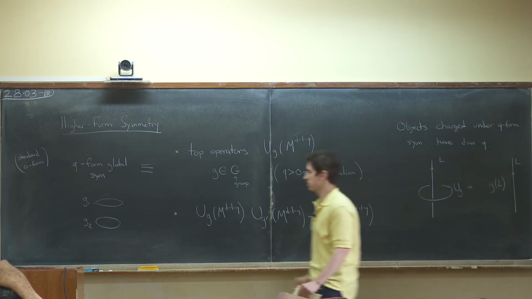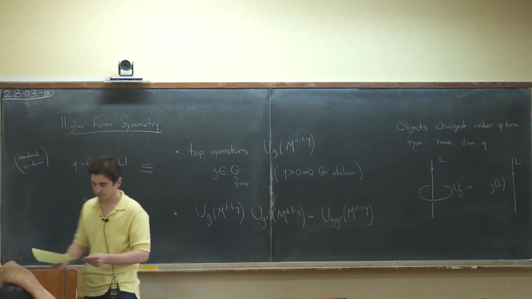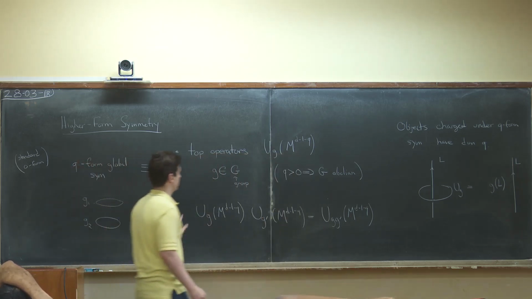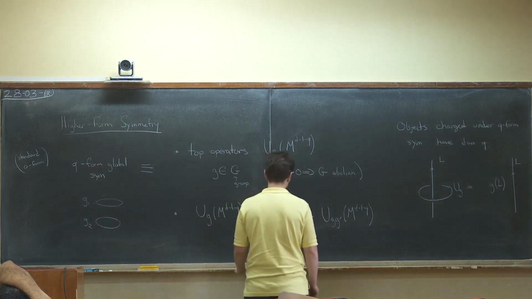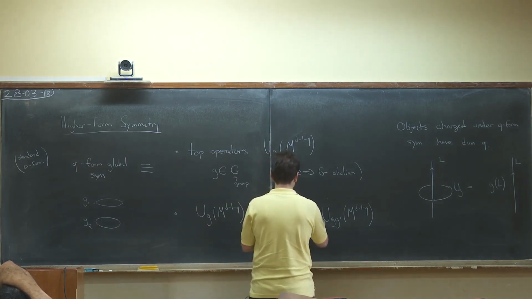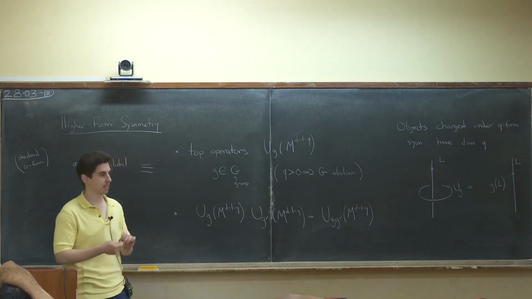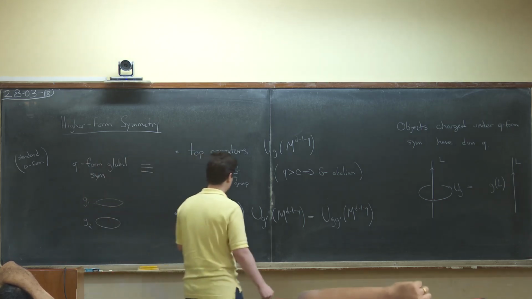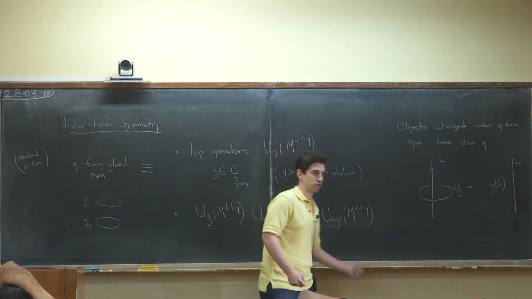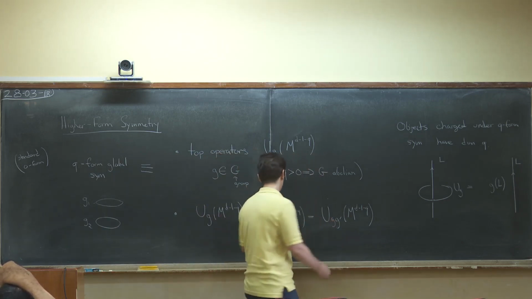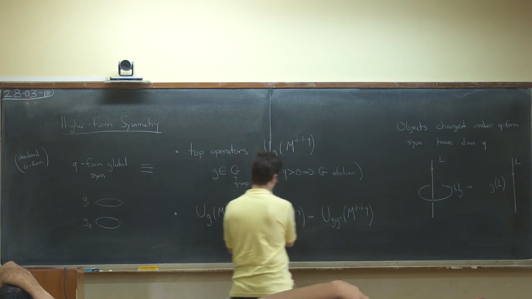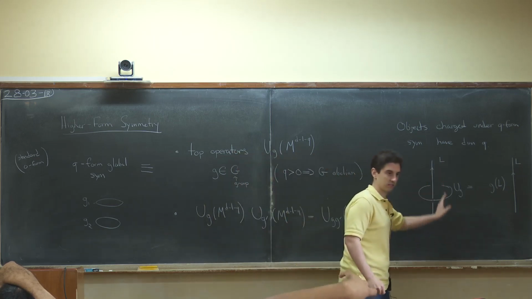Good. So yesterday I stressed that I didn't have a phase. The phase that occurred there, you should think of as acting on states. The definition of the operators always has the right fusion. So what we mean is that this equation is true, for instance, when we probe it with charged things.